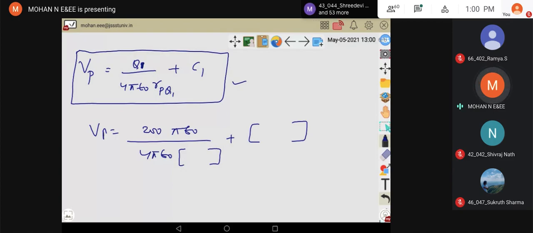So RPQ1 was root 78, and C1 was found to be minus 15.07. Substitute the values, and you will get the potential at P as minus 9.41 volts.